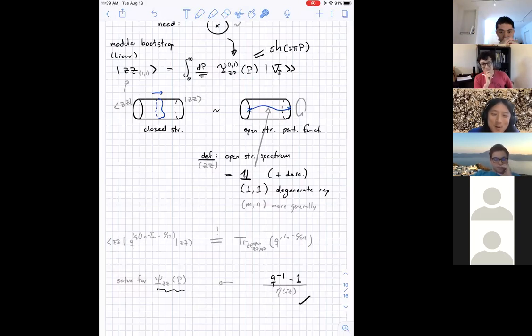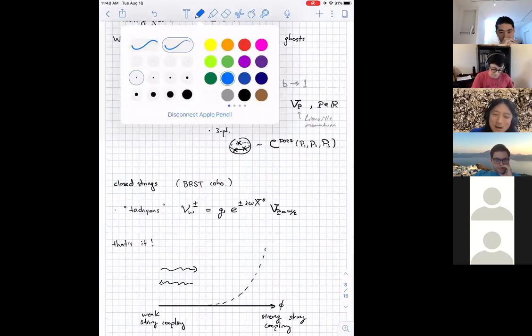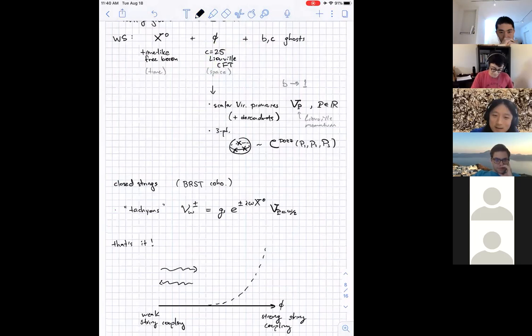Perhaps one might be confused by the DOZZ formula, because if you look at the DOZZ paper, the formula actually doesn't look real, but that's just because the vertex operator is normalized in a funny way. If you normalize the vertex operator in such a way that the 2-point function is a delta function, so the V_P V_P' 2-point function is a delta function in P minus P', then actually the structure constants are all manifestly real, which is what it should be, because this is a unitary 2D CFT.